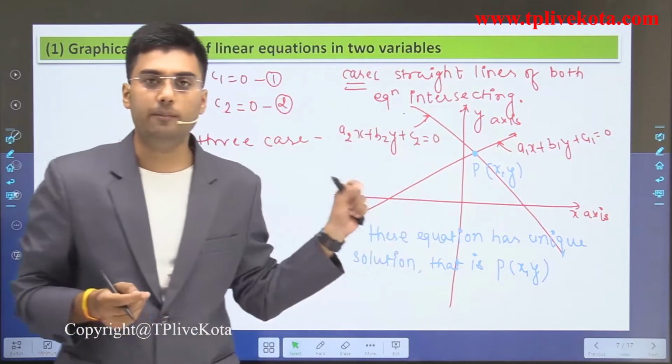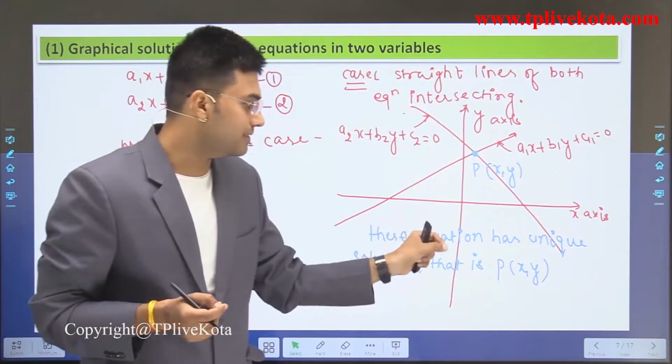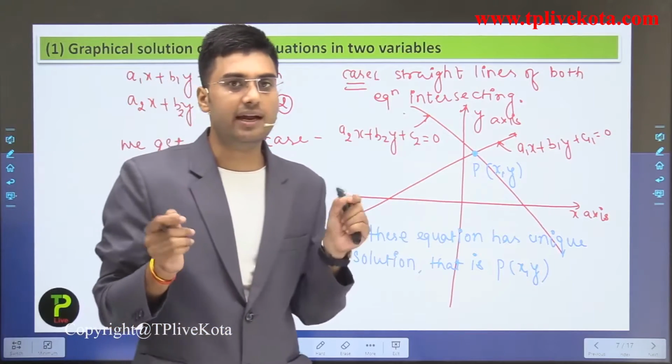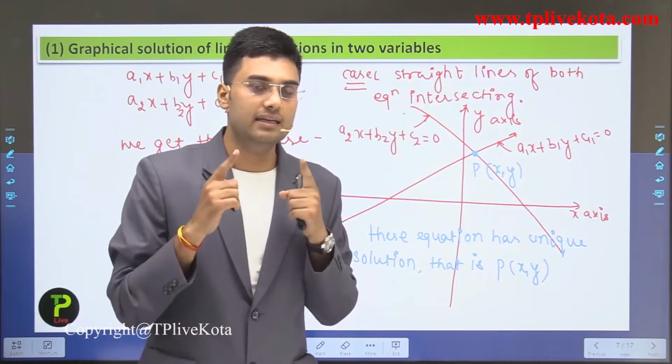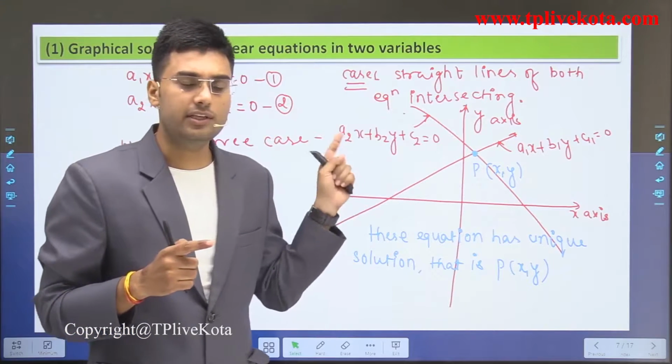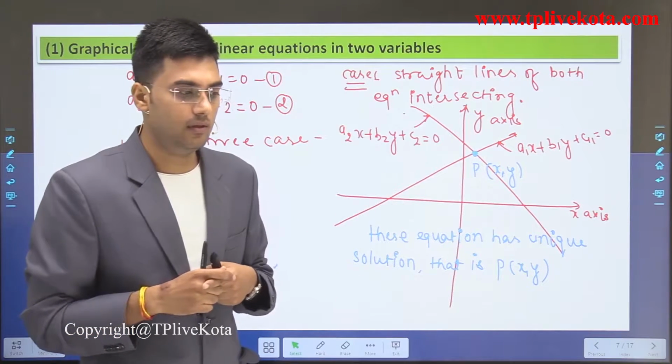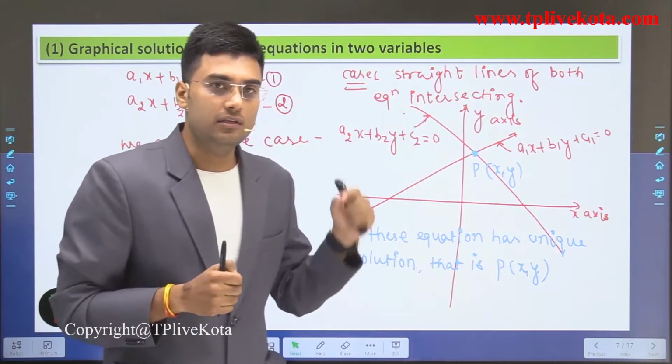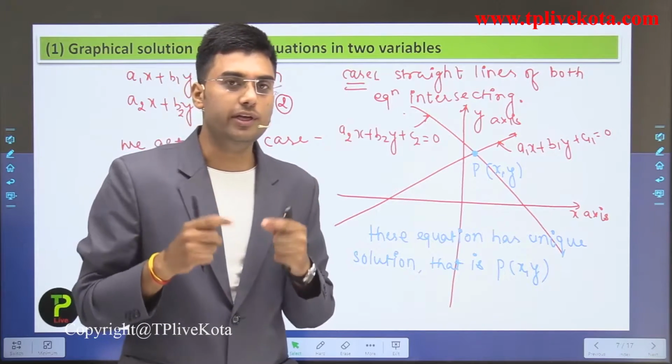P is the point, the coordinate of point P is the solution of these equations. So we can say that if lines are intersecting, then the equations have a unique solution.